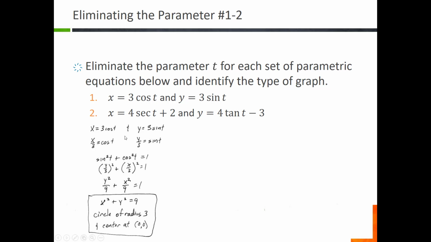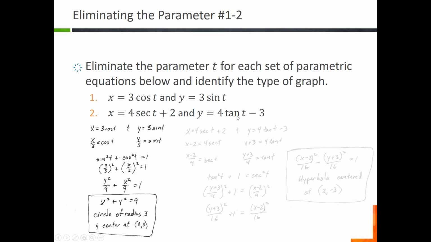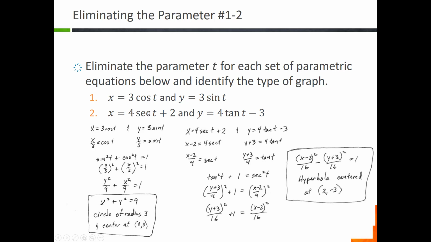In the second example, we have secant and tangent, so it's a little different, but we do have a Pythagorean identity for secant and tangent: tangent squared plus 1 is equal to secant squared. So if I take the x equation and solve it for secant, and the y equation and solve it for tangent, I can plug those into my Pythagorean equation.